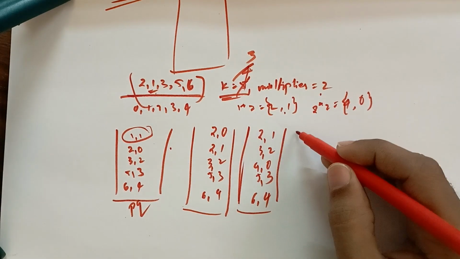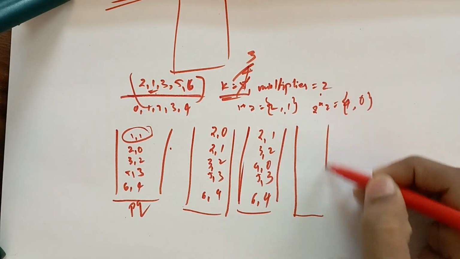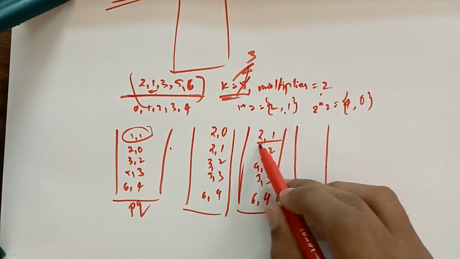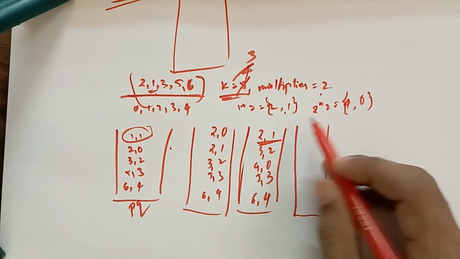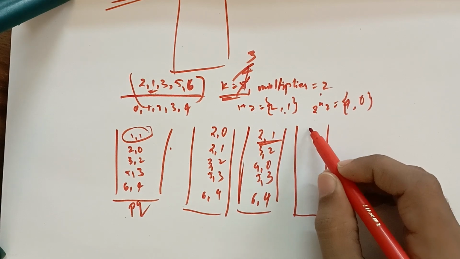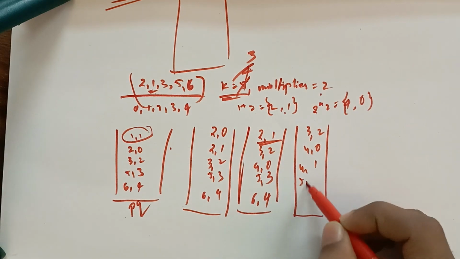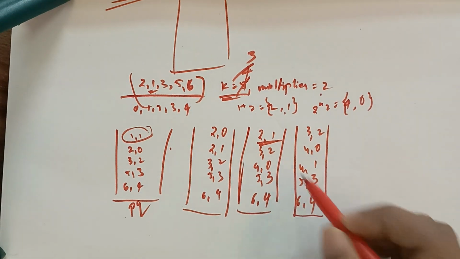Decrement k and take another element, 2 comma 1. Multiply it by 2, we will get 4 comma 1. That means 3 comma 2, 4 comma 0, 4 comma 1, 5 comma 3, 6 comma 4.